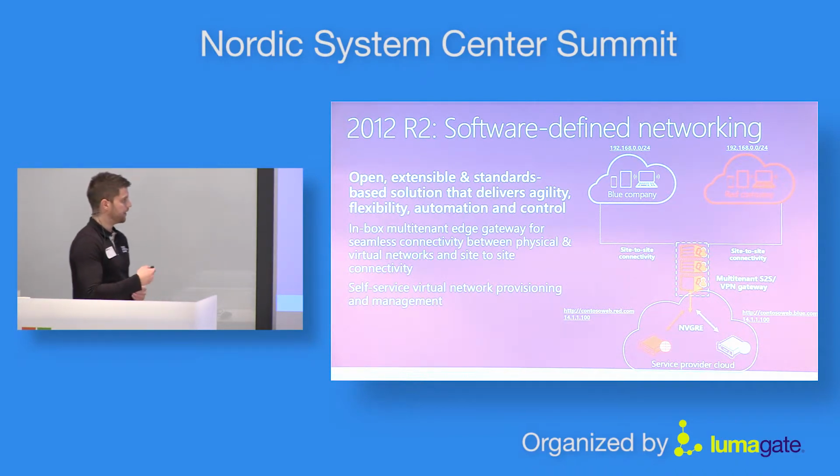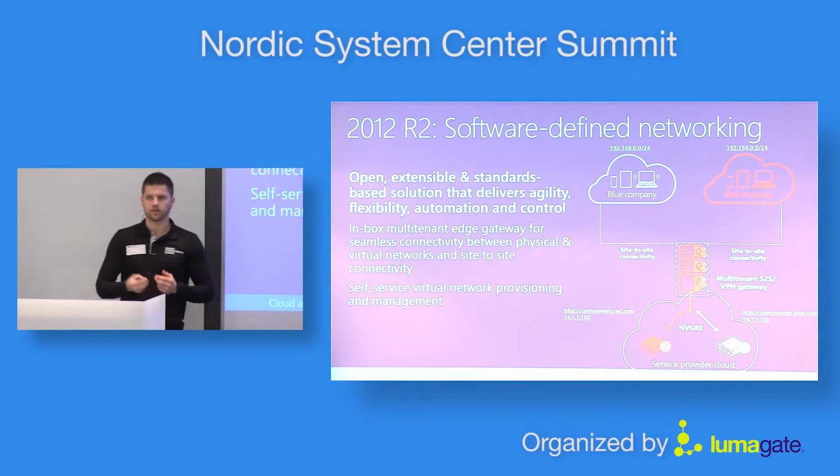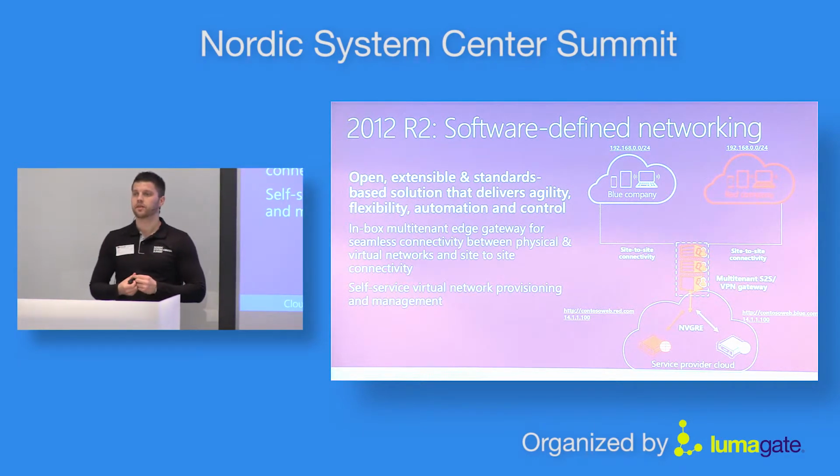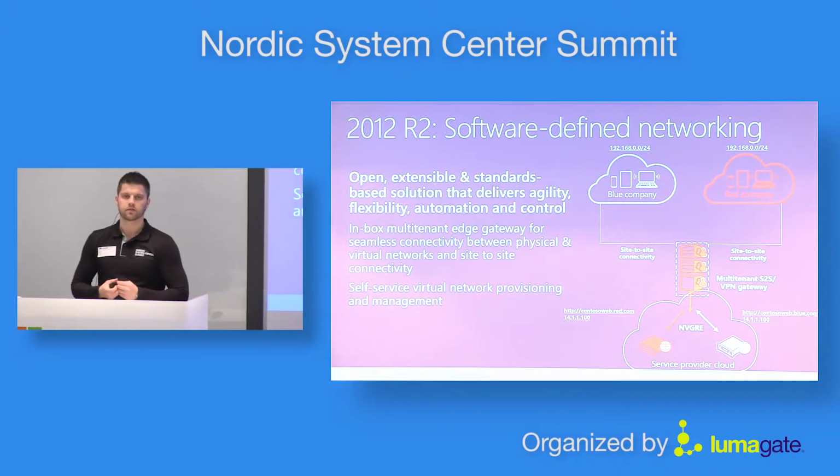And as I will show you later, this is all a part of the Cloud OS vision. If you have ever created a VPN connection from Windows Azure to your on-premises network, you can achieve the same thing, or you can offer the same thing if you are a service provider.